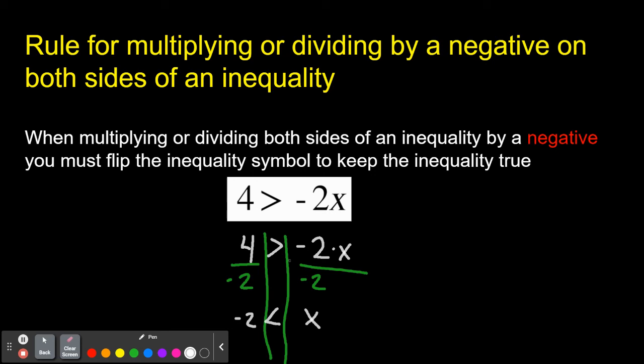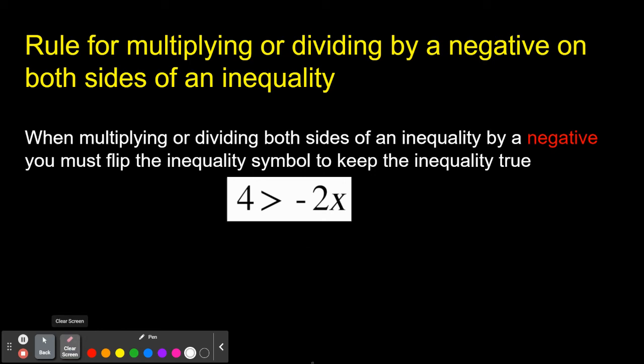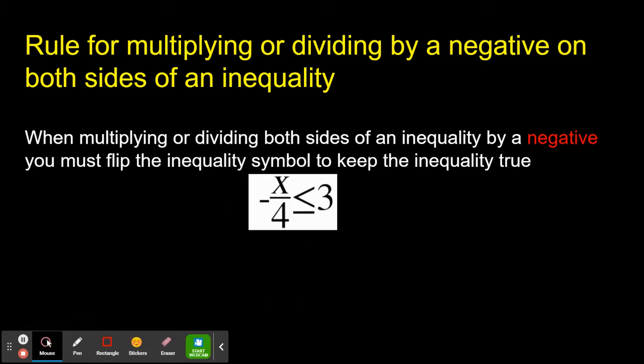You've got to flip this when you multiply or divide by a negative. It's just something you have to memorize and know to do. Same thing's going to happen here: you're going to multiply both sides by a -4, and you're going to have to flip this inequality symbol.